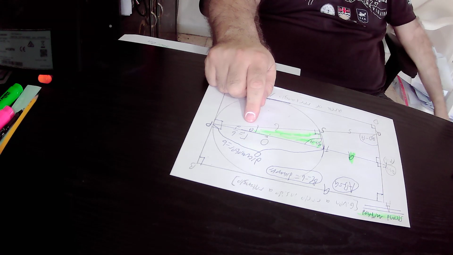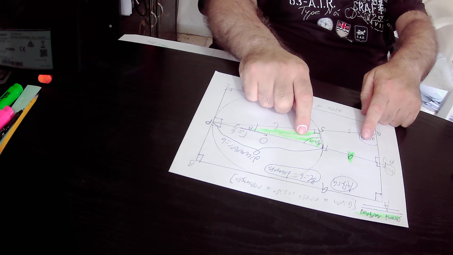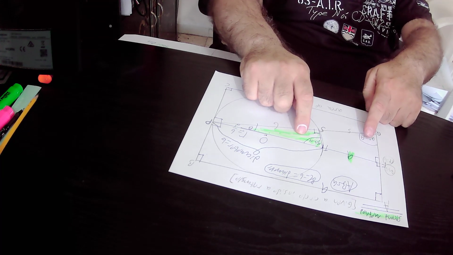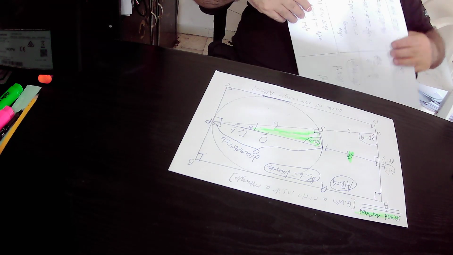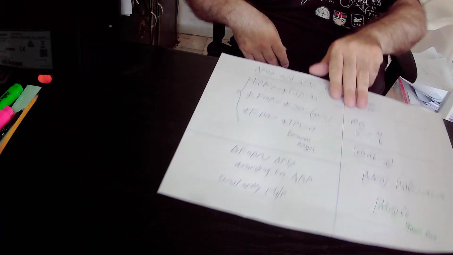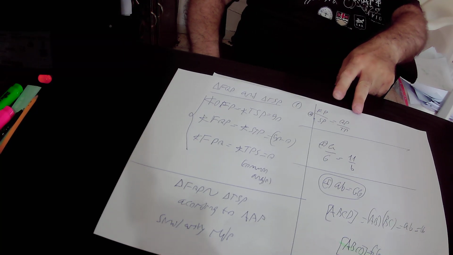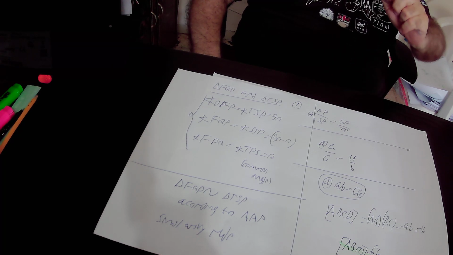So we proved that those two triangles are similar according to the angle similarity rule. And from this, we conclude the following relationship between their sides: FP over SP equals QP over TP.